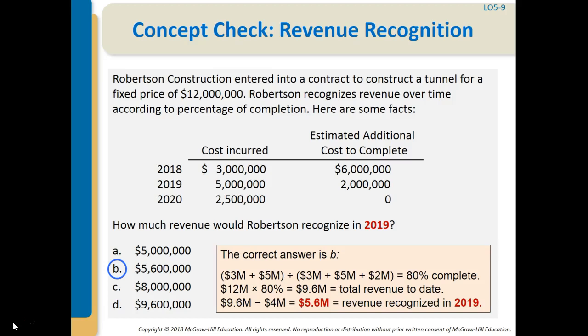If we have 80% complete, then we would take the 9.6 minus the 4 million to give us our 5.6 million to be recognized in 2019. Since it's 80% complete, 80% of the 12 million is the 9.6, subtracted from what we already have recognized.